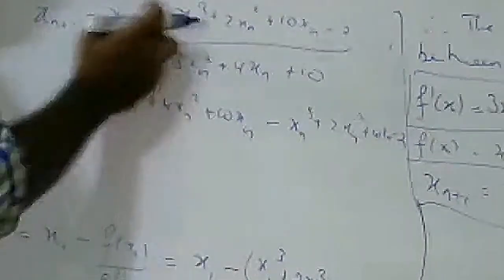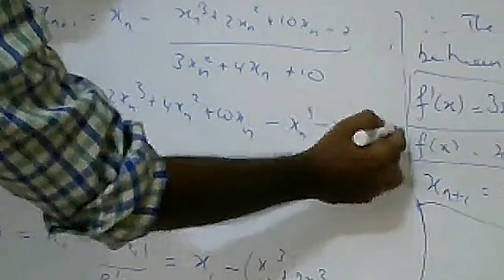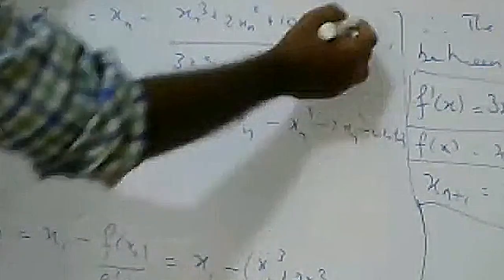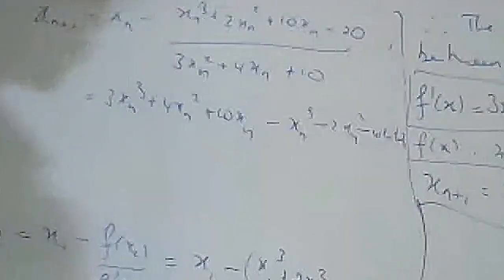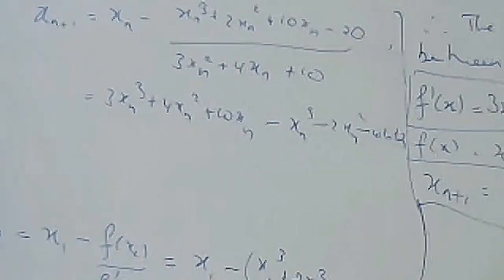Since there is a minus, you have to apply it to everything. Minus 20 becomes plus 20, right? Did you calculate for 2 or 20? 20, sir. Okay, good.